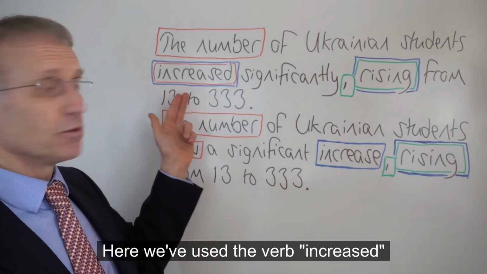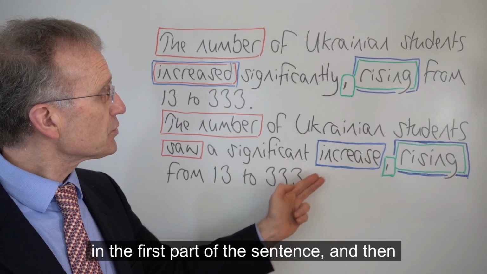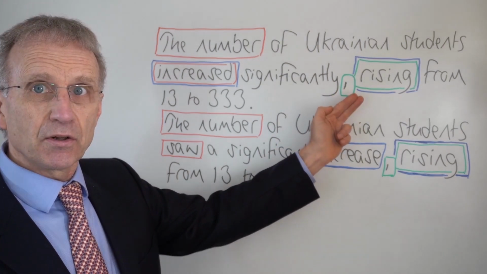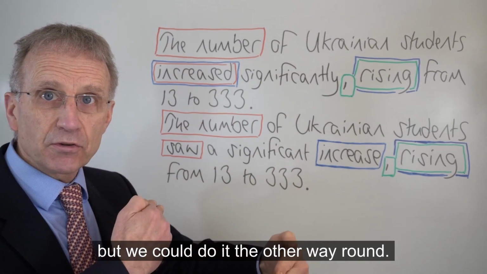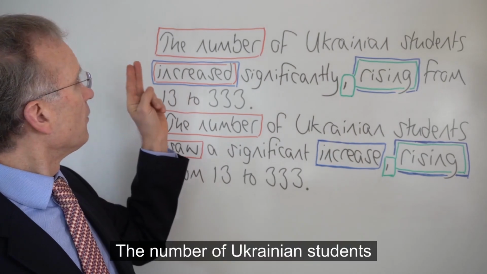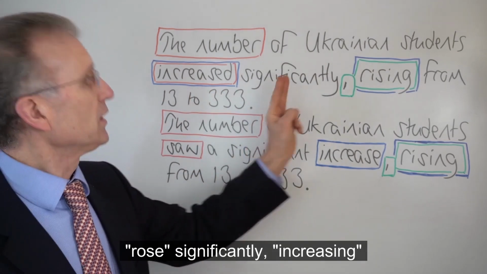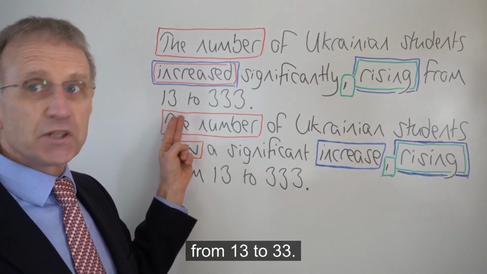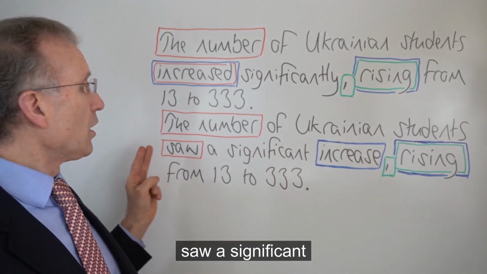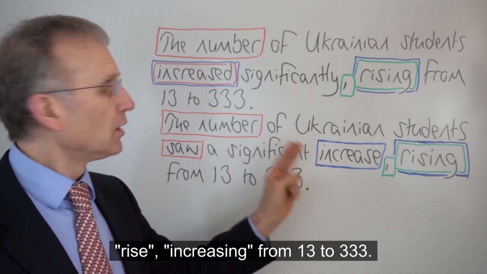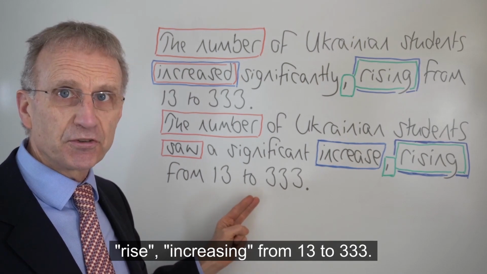Here we've used the verb increased and the noun increase in the first part of the sentence, and then the ing form rising in the second part, but we could do it the other way round. The number of Ukrainian students rose significantly, increasing from 13 to 333, or the number of Ukrainian students saw a significant rise, increasing from 13 to 333.